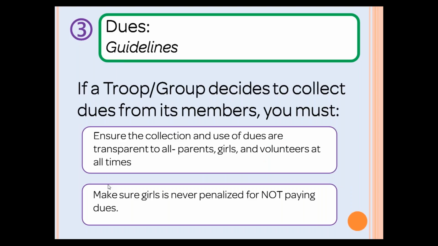Make sure your girls are never penalized for not paying dues for those that cannot participate or contribute. Like I said, we want to be aware of everyone's financial situations or abilities, and we want to make sure that every girl is always included in the troop.